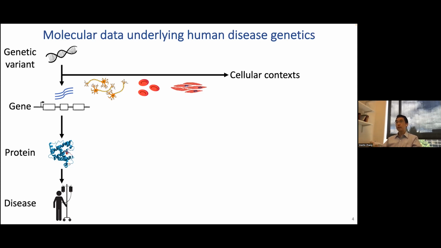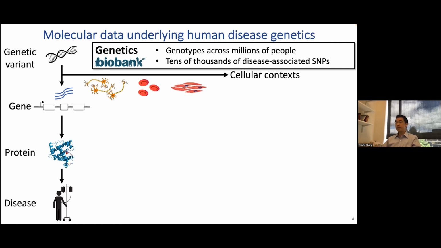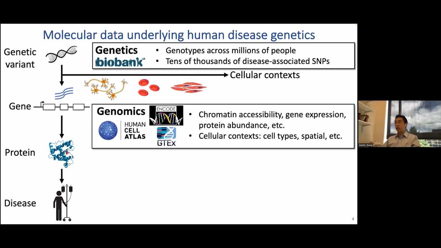What kind of data do we have? First of all, like I mentioned, we have the genome-wide association studies, which profile the genotypes and phenotypes across millions of people. Those studies have identified tens of thousands of disease-associated SNPs. And second, large-scale consortiums have profiled a rich set of functional genomics data, such as chromatin accessibility, gene expression, protein abundance, etc. Those data are available across diverse cellular contexts, such as cell types or spatial locations.